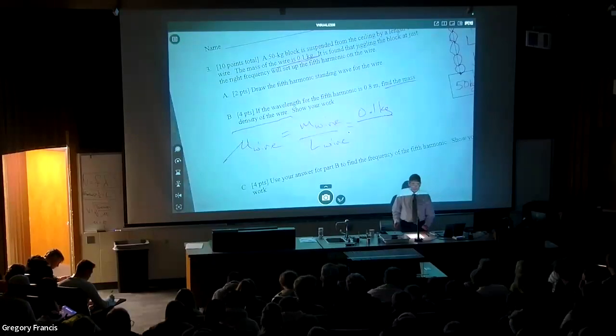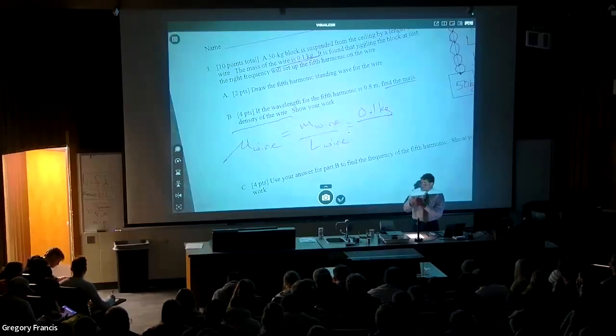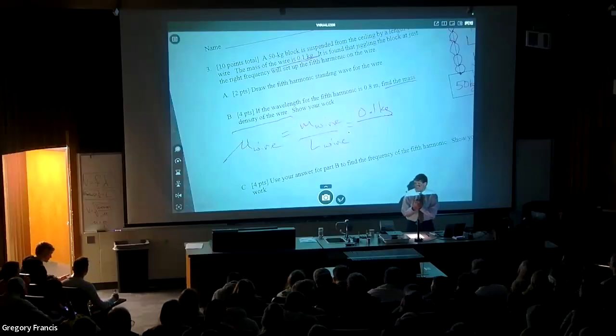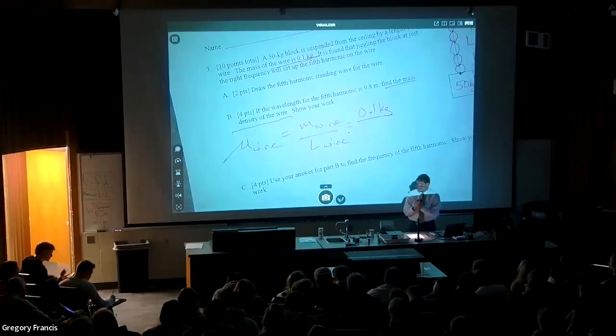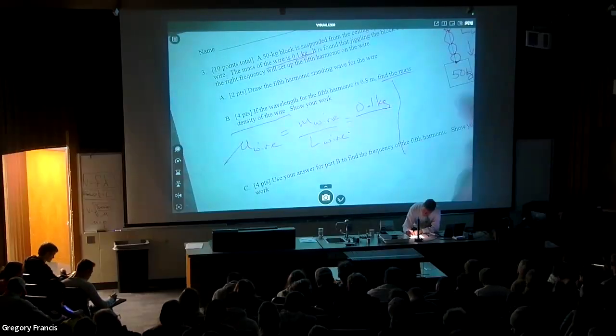Well, that football equation, we can do it both ways. If we know the length of the system, we can use it to find the length of the football. Or if we know the length of the football, we can find the length of the system. So let's use that football equation.